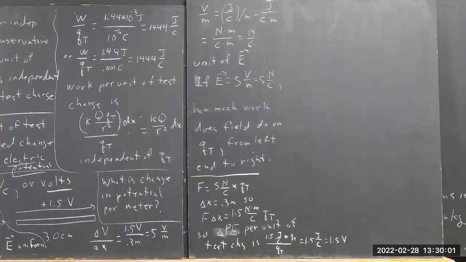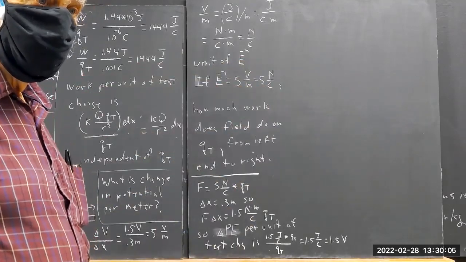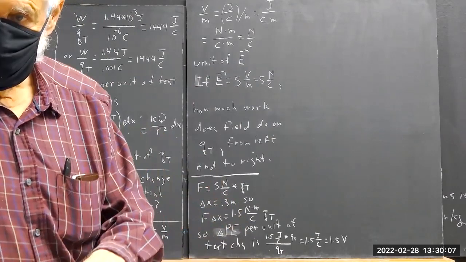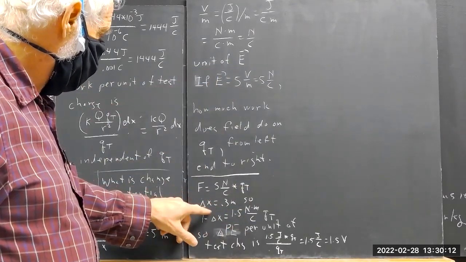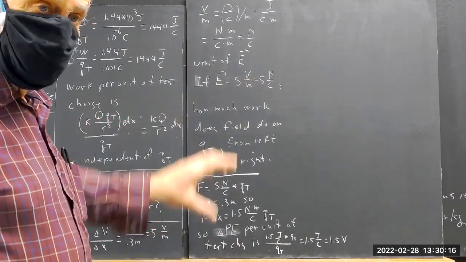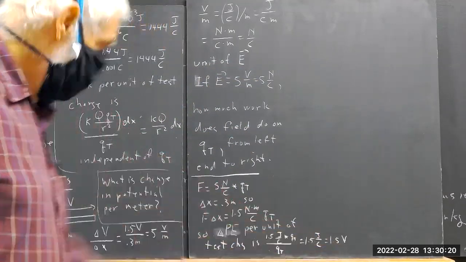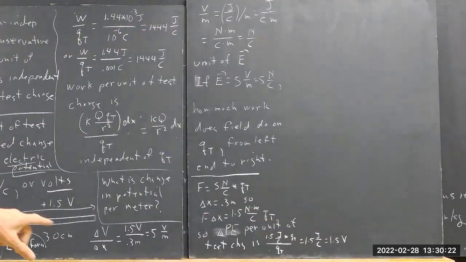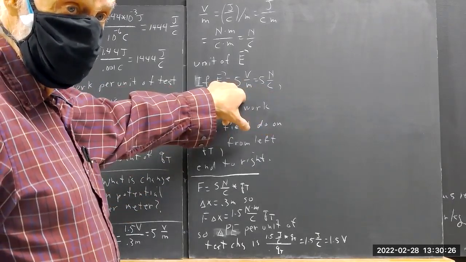In other words, assuming that this 5 newtons per coulomb is in fact your electric field, we figure out the force, the delta X, and the change in potential energy per unit charge, and we find that it is 1.5 volts, which was our assumption, showing that this really is our electric field. It's another way of writing the electric field.